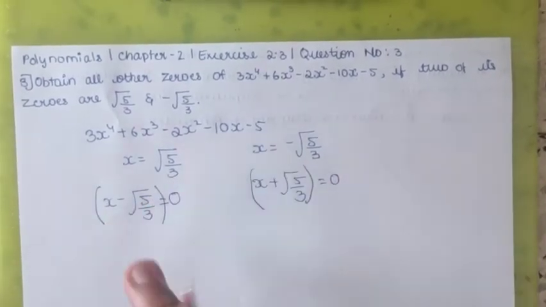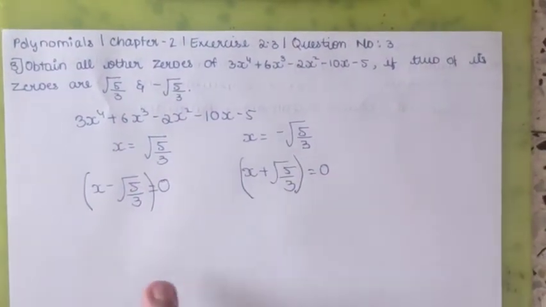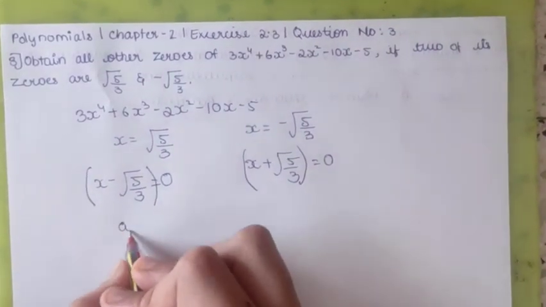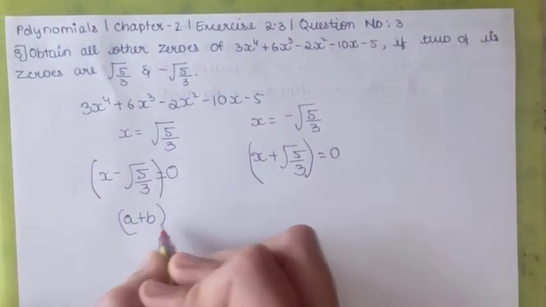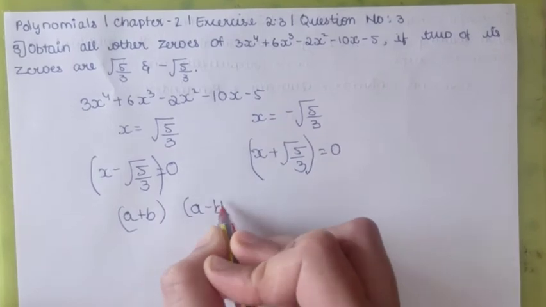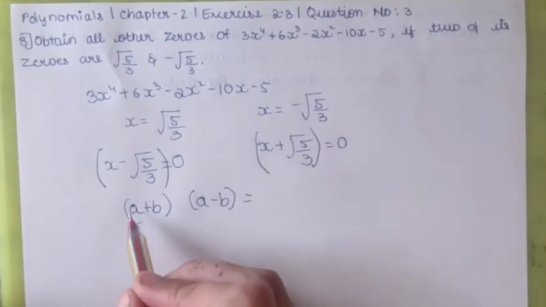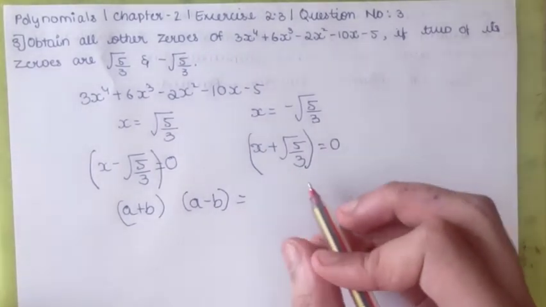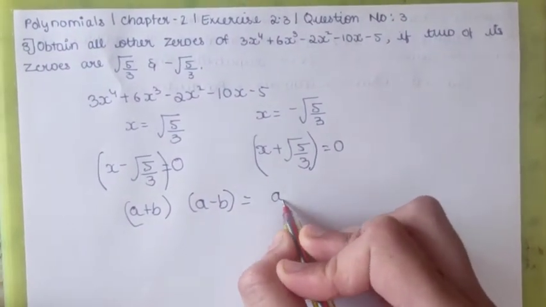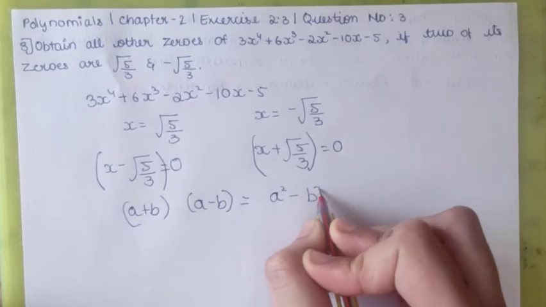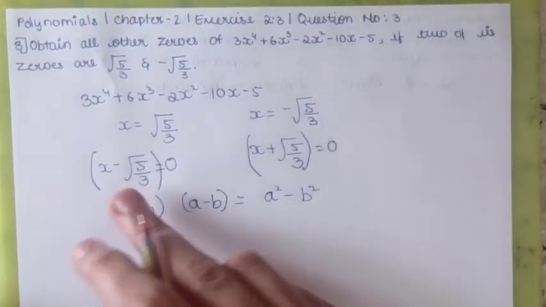You can see both are in the form a plus b and a minus b. We have an identity: a plus b times a minus b is equal to a square minus b square. So we are using this identity here.